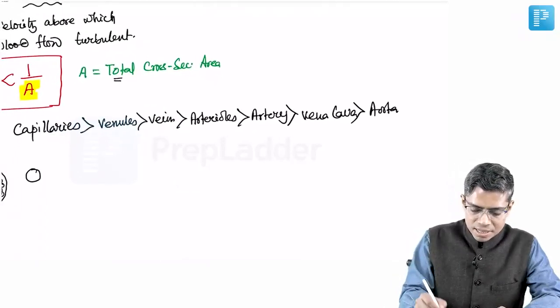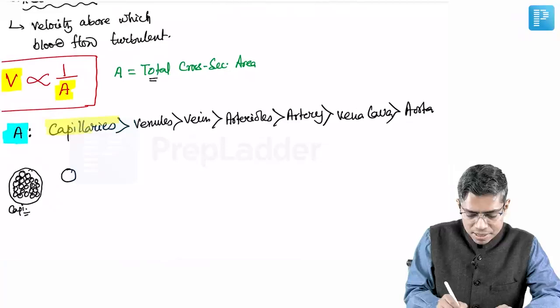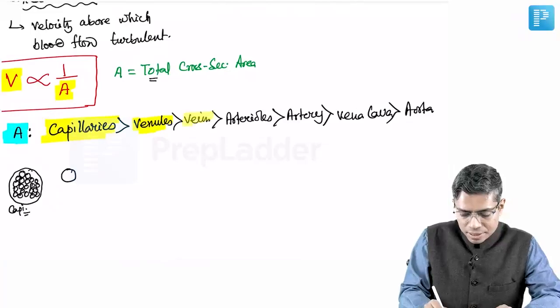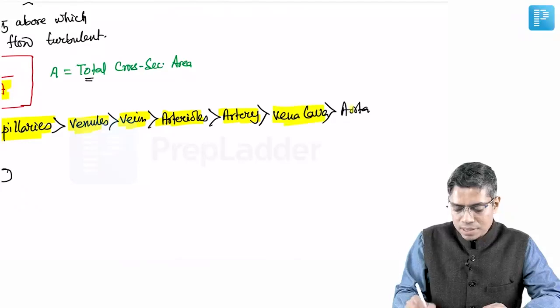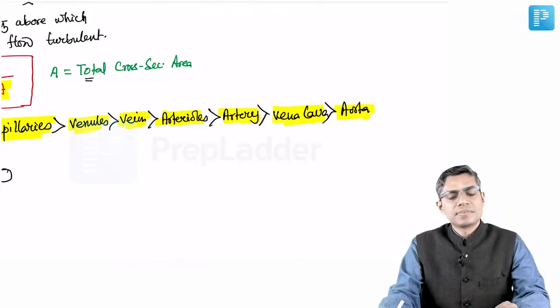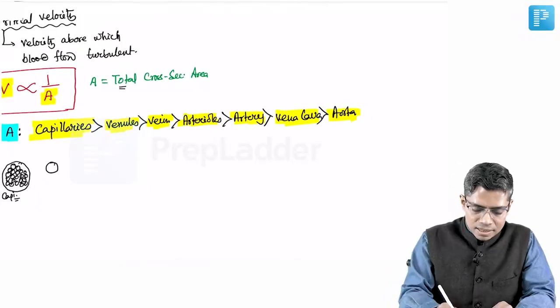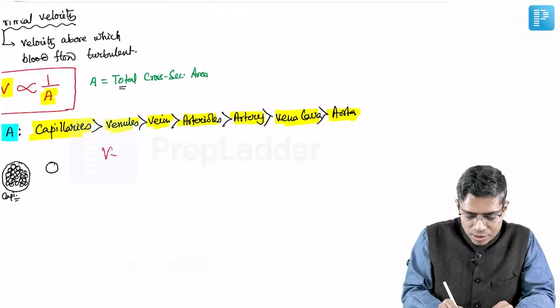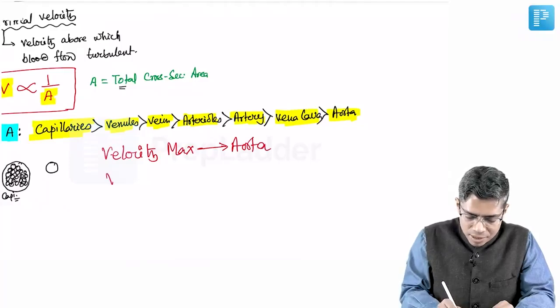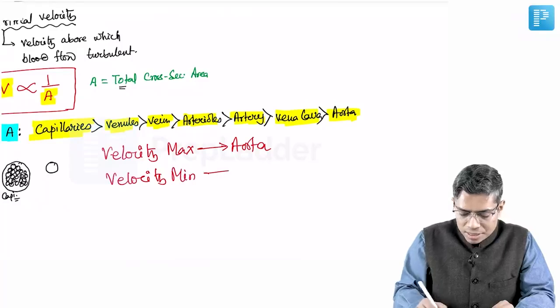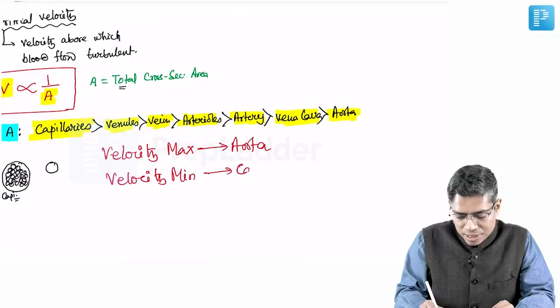The cross-sectional area is maximum in capillaries, followed by venules, veins, arterioles, arteries, vena cava, and the aorta has the least cross-sectional area. So if I ask you in which vessel velocity of blood flow is maximum, the answer is aorta. And velocity of blood flow is minimum at which area? Your answer is capillaries.